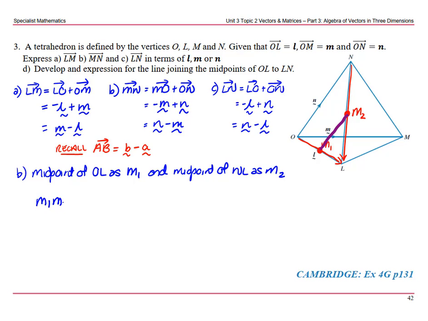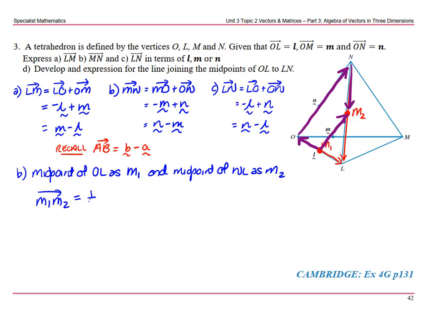So M1M2 is going to equal, so we could go a half of LO plus ON plus a half of NL.